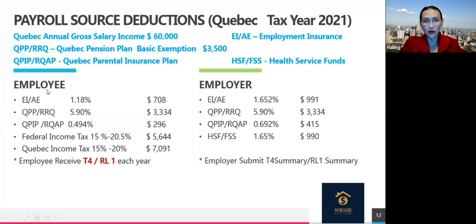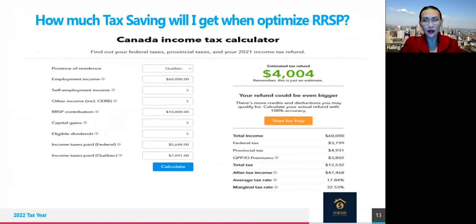You have employer's portion, and you have employee's portion, right? So we pay unemployment insurance, contribute to Quebec pension plan, contribute to QPIP, the parental plan, then pay federal income tax, Quebec income tax. When you deduct all those monies, you feel, well, that's not much I can bring home, right? So here, I would like to show you the scenarios.